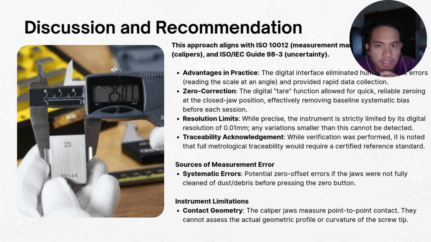The major advantage of using a digital caliper is that it eliminates human parallax error, which is quite a common error to find in the measurement world. Basically, that mistake is the person reading the scale at the wrong angle. So while allowing for faster data collection, the digital caliper also eliminates parallax error.